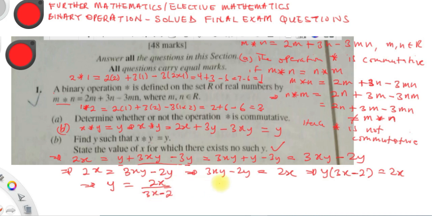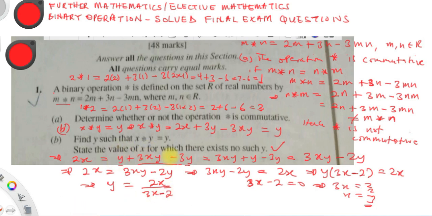So when would the denominator be equal to 0? y will never be defined if and only if the denominator, which is 3x minus 2, is equal to 0, which implies 3x is equal to 2, so x is equal to 2 over 3. So whenever x is equal to 2 over 3, the denominator will become 0, and y will not be defined.